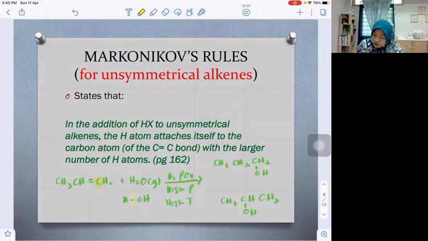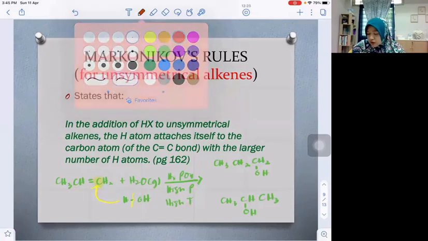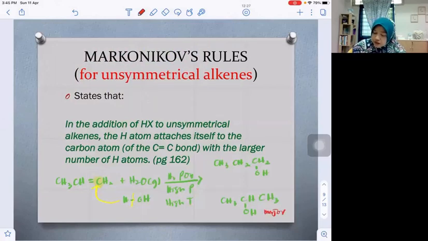So the major product is when this hydrogen is attached to this carbon, because this first carbon already has 2 hydrogens attached to it as compared to the second carbon that only has 1 hydrogen. So the major product will be the second one. So label it as major, and this is the minor product. That's on the Markovnikov rule.